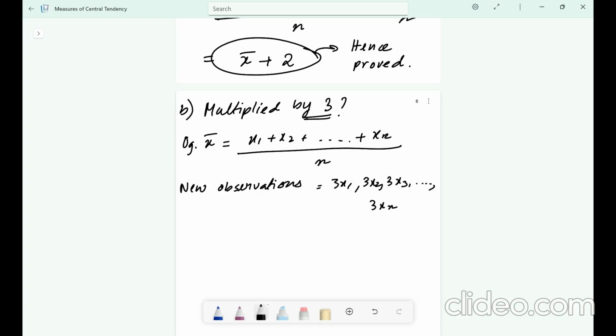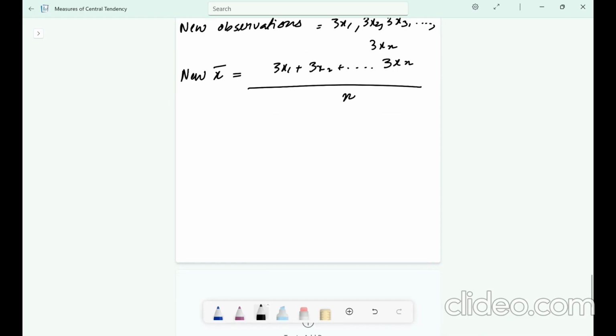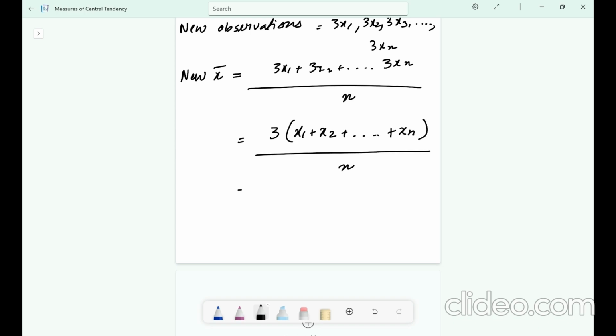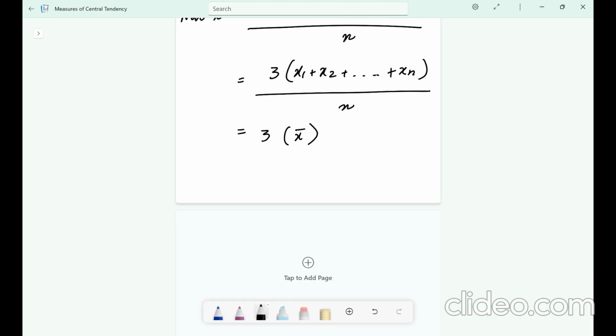Then the new x bar will be 3x1 plus 3x2 and so on till 3xn by n, which, taking the common part out, is 3 times (x1 plus x2 and so on till xn) by n, which basically means 3 into x bar. Hence, the mean will also get multiplied by 3. We proved it.